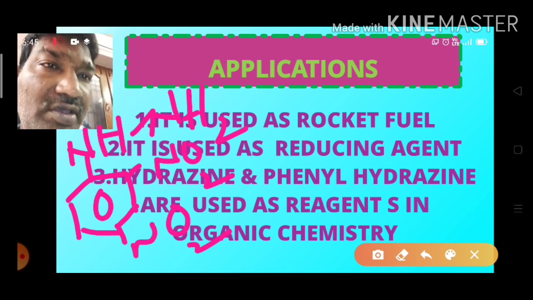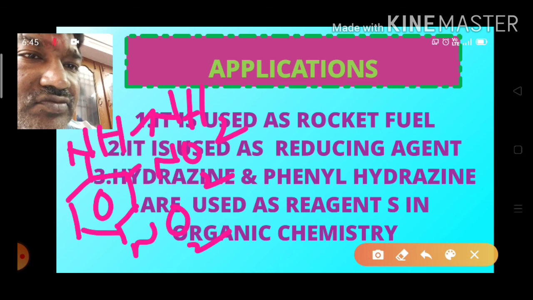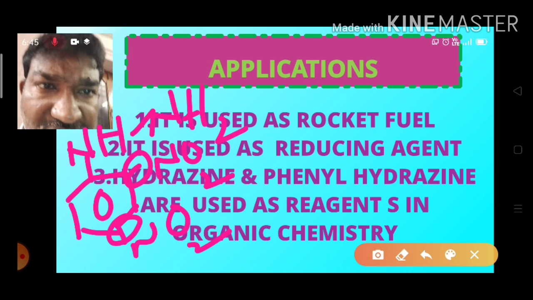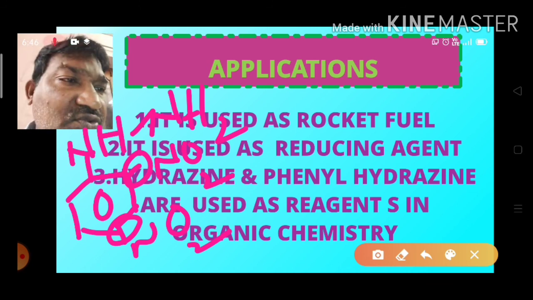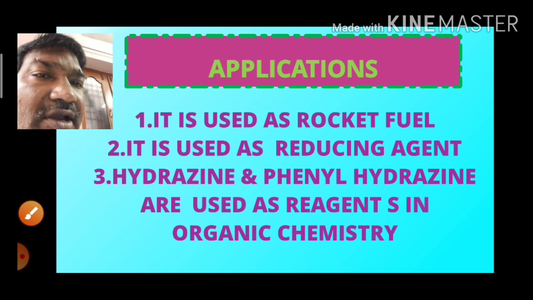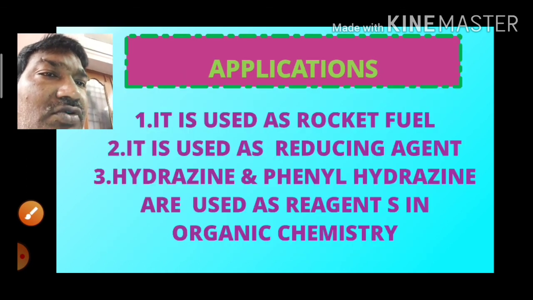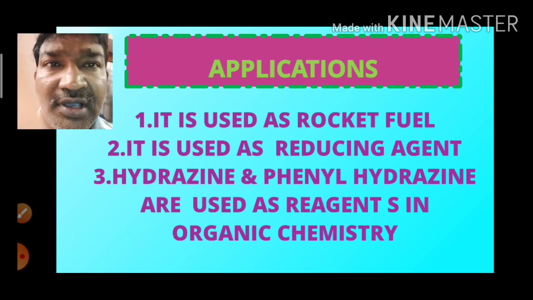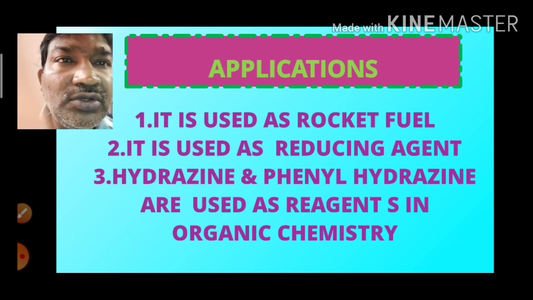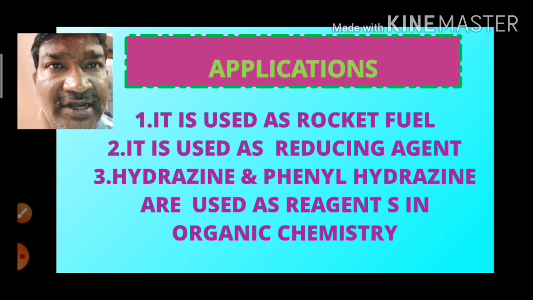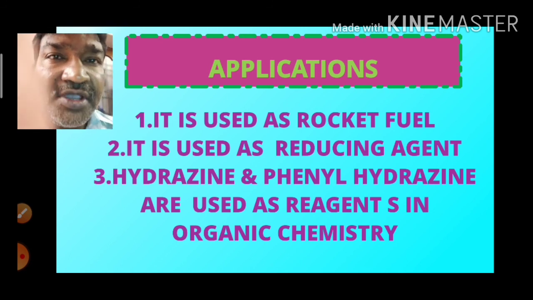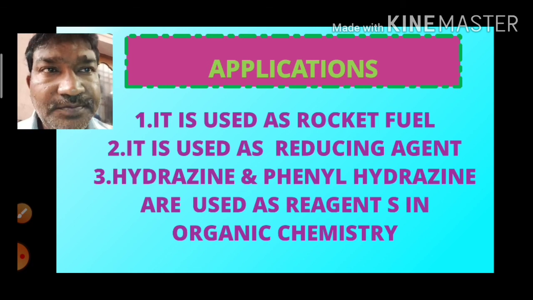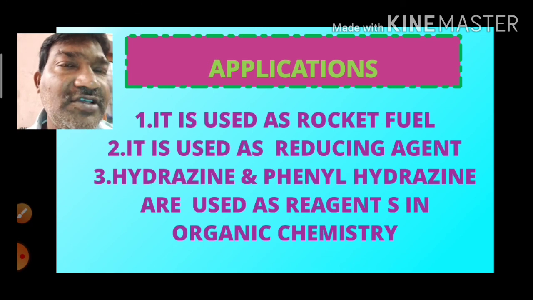Look here, this is the second position and this is the fourth position. In the second and fourth positions we have the nitro groups. So that's why it is known as 2,4-dinitrophenylhydrazine. This 2,4-dinitrophenylhydrazine is used to identify carbonyl compounds. So we use hydrazine and hydrazine-related compounds in identifying carbonyl compounds. So these are some applications of hydrazine.